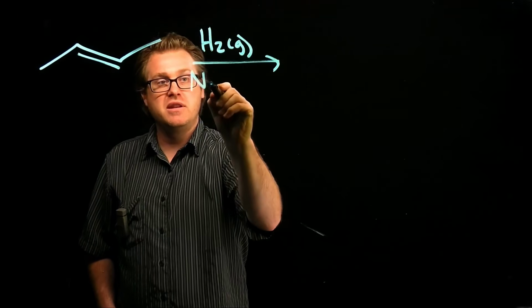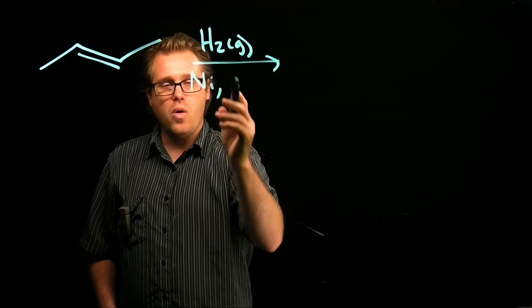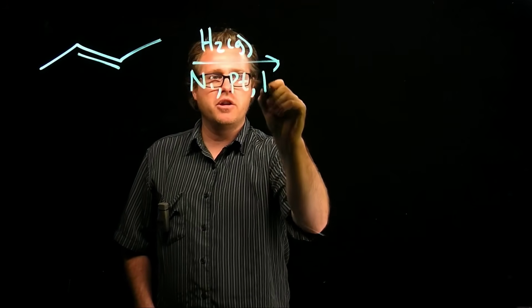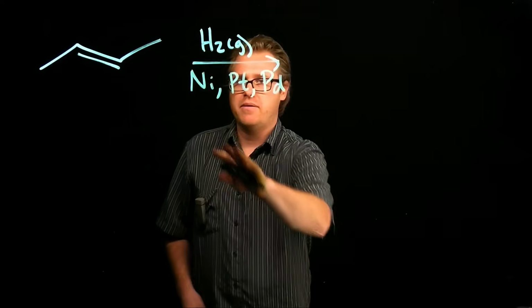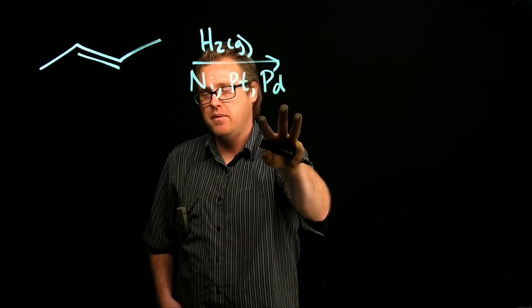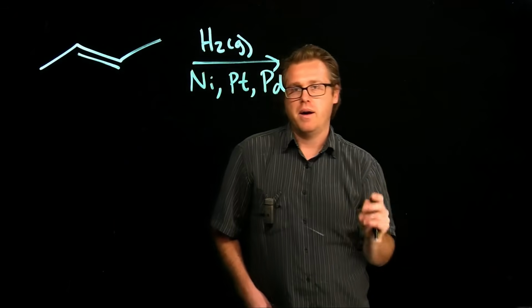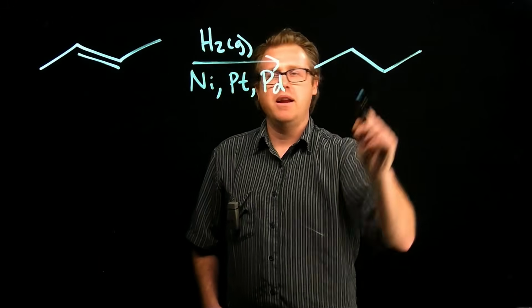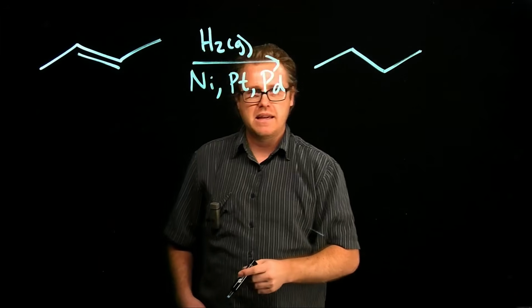So we could use nickel, or we could use platinum, or we could use palladium. You don't have to use all three at the same time. You just pick one, it does not matter. Hydrogen gas, and what are you going to generate? You're going to generate an alkane.